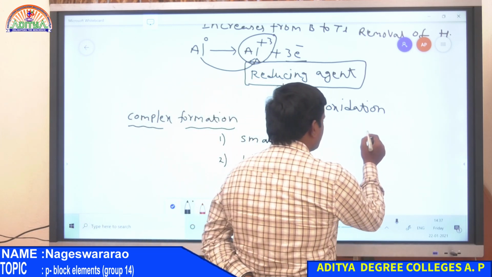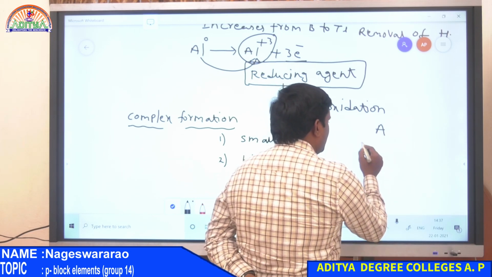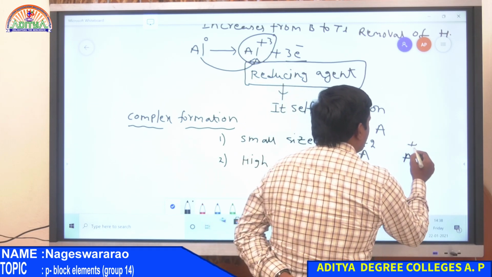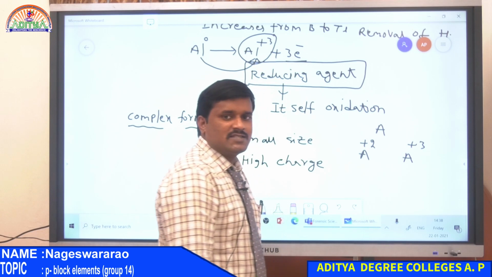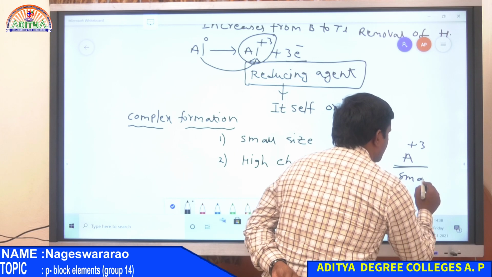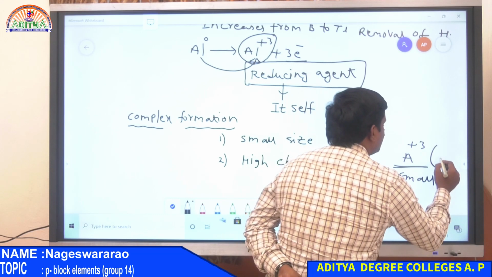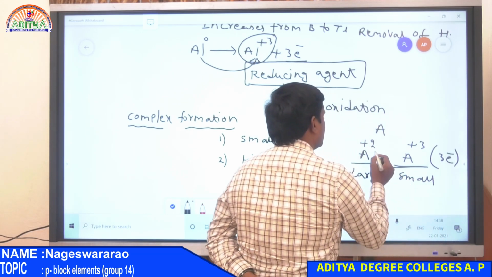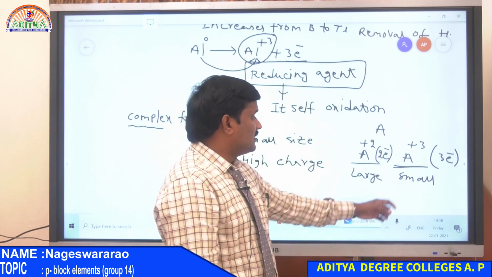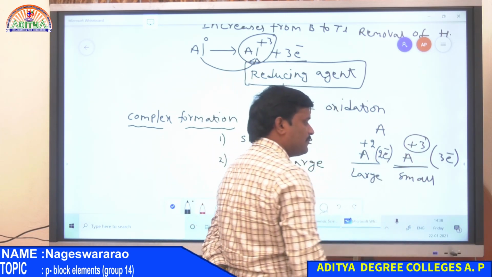Suppose A is an element, and whenever 2 electrons are removed from A, it becomes A plus 2. And again, whenever 3 electrons are removed from A, it becomes A plus 3. Here A plus 3 is very small compared to A plus 2, because here removal of 3 electrons takes place, whereas here removal of 2 electrons takes place. Therefore, this has a small size and also a large charge, plus 3.